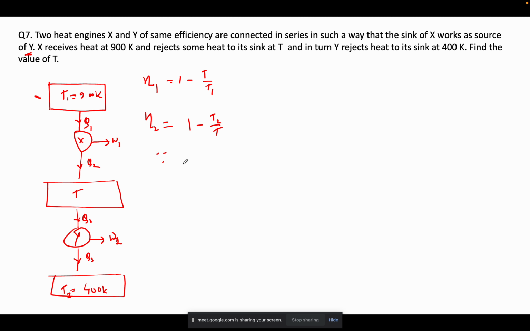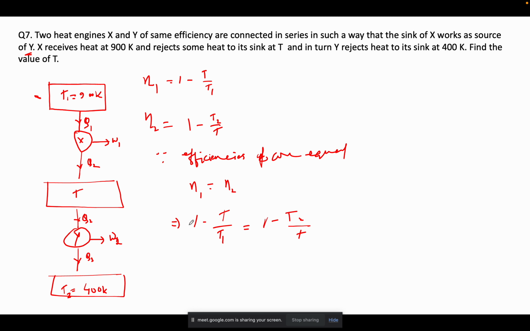Since efficiencies are equal, eta 1 is equal to eta 2, and we can write 1 minus T by T1 is equal to 1 minus T2 by T.